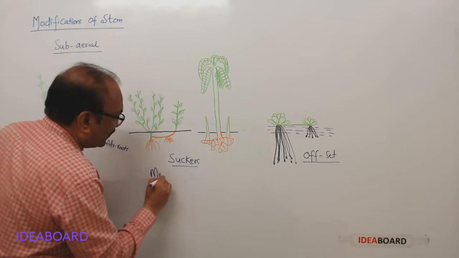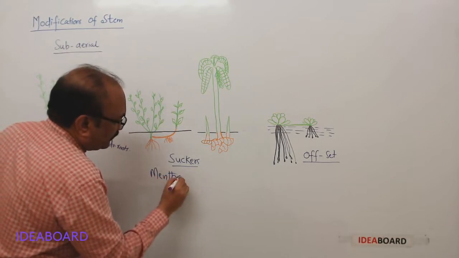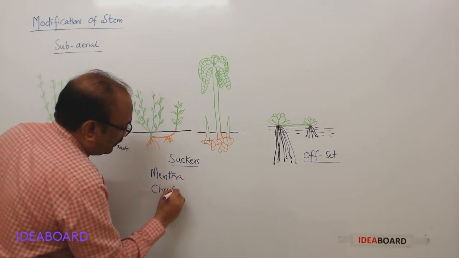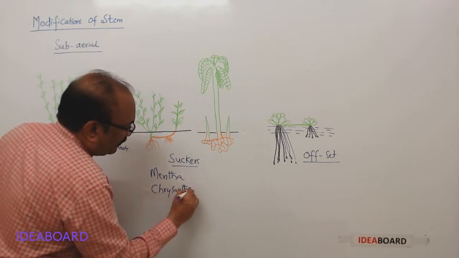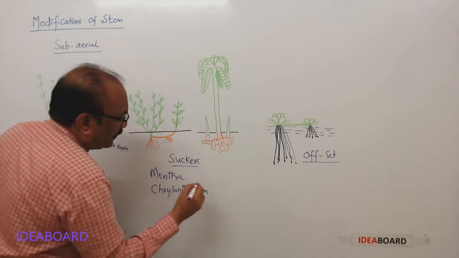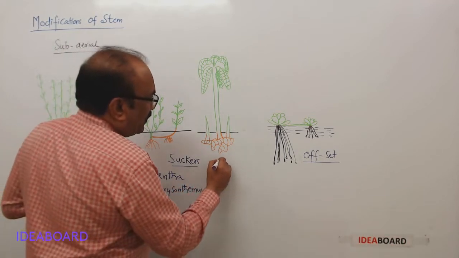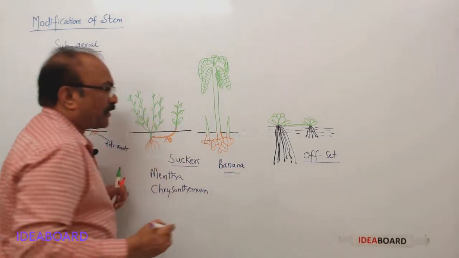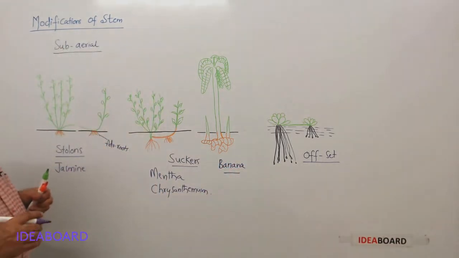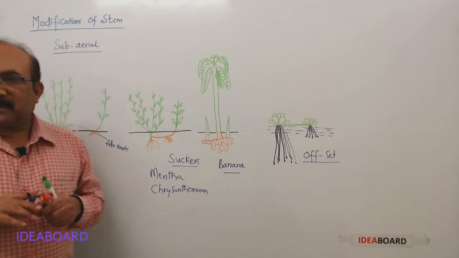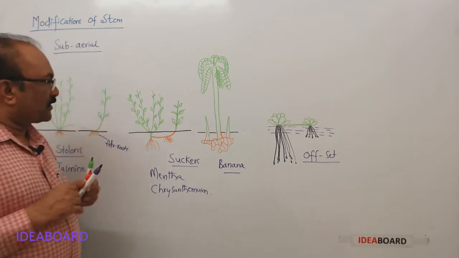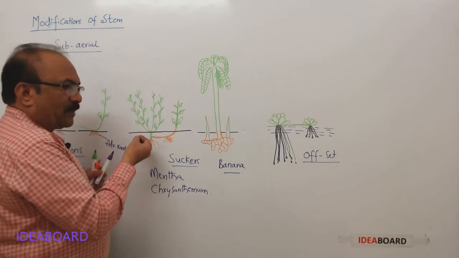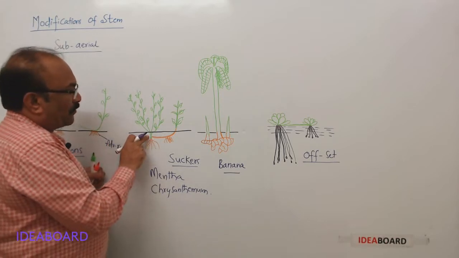And now, a similar thing you will find in the case of suckers, and the examples for the suckers are Mentha and this chrysanthemum. And also here I am showing another one, that is banana plant. Even in this Mentha and this chrysanthemum plant, some portion of the main stem is underground.